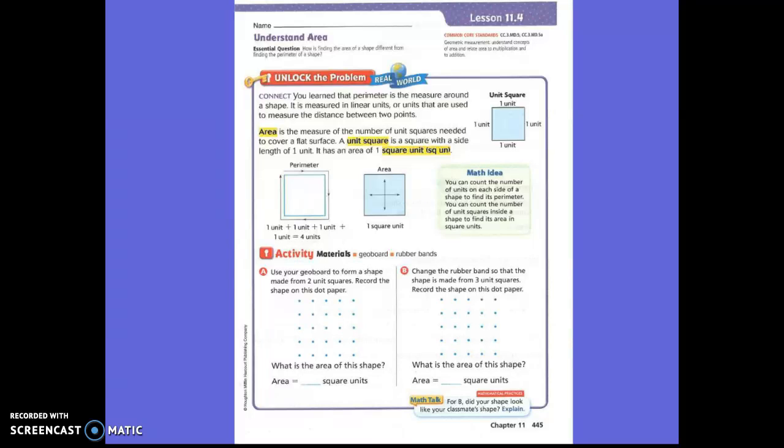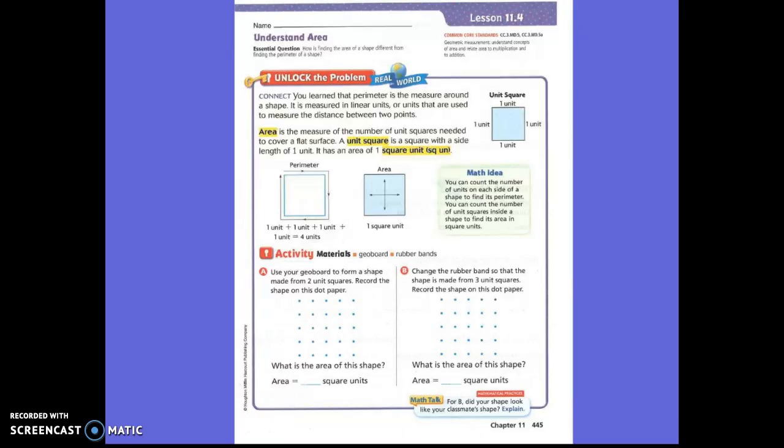So when we measure distance, we measure with centimeters, or with inches, or feet, or yards, or miles. All those can measure distance, and those were the labels you would use when you measured perimeter. Area is different.